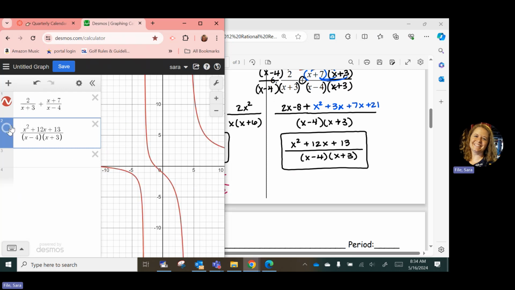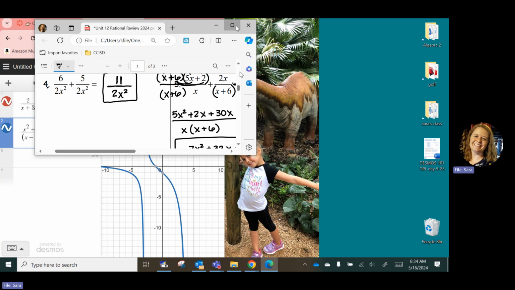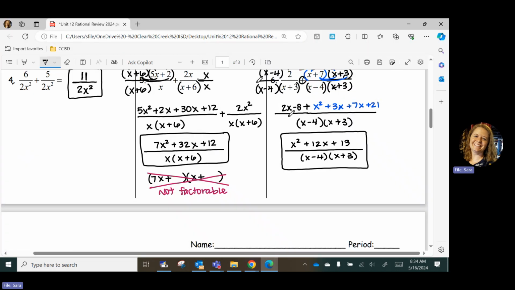Okay, so if I turn that on and off, that's the exact same graph, right? And we can see that the vertical asymptotes would be here at -3 and here at +4. You'll feel okay about that? All right, good. So adding and subtracting expressions done.